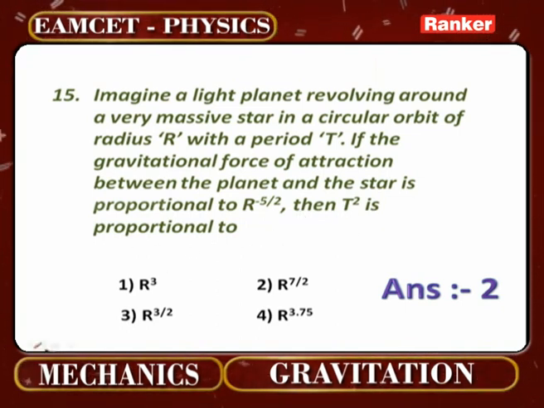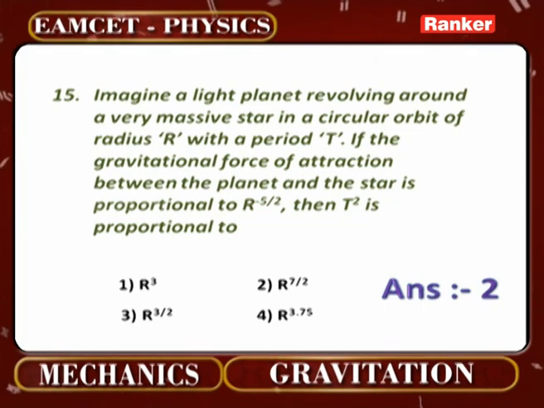This is a bit of a manipulated question. In fact, we all know very well G m1 m2 by r square. That now is going to be m r omega square, the formula. If I take this being the centripetal force acting on the planet, that will be the centrifugal force acting on the same planet for the planet to move in the same orbit without any problem. Now, in this particular case, what is given?